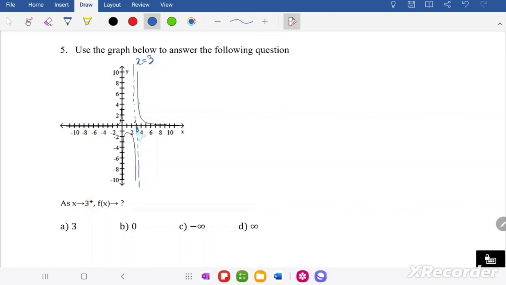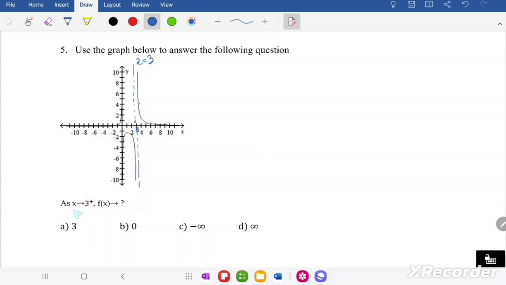This value here is 3 on the x-axis. So this is the vertical asymptote that I just drew with a dashed line, and the graph of the rational function, whatever it may be, is rising to infinity along that asymptote.